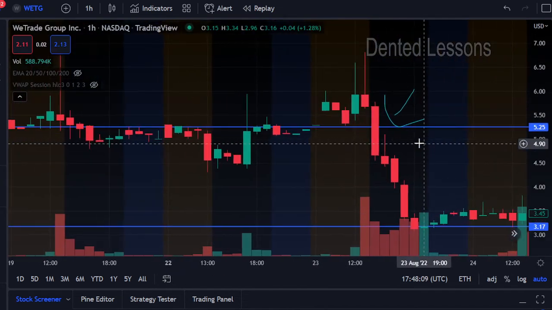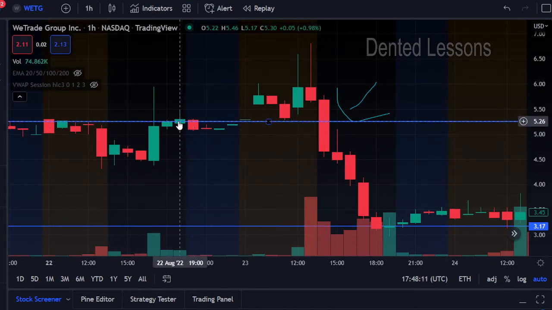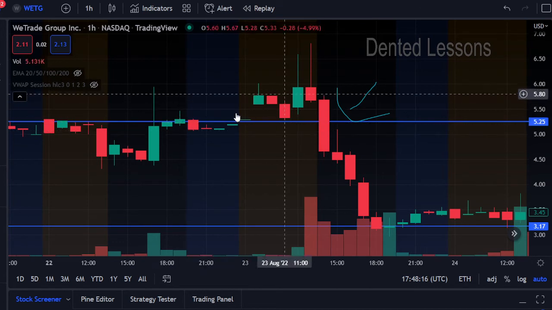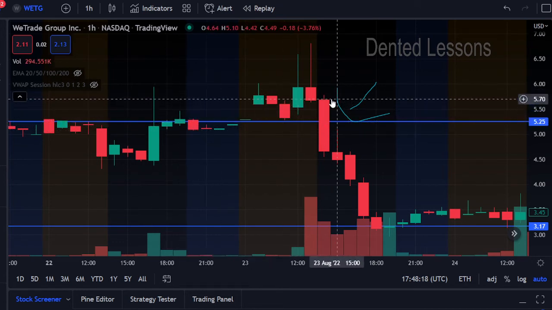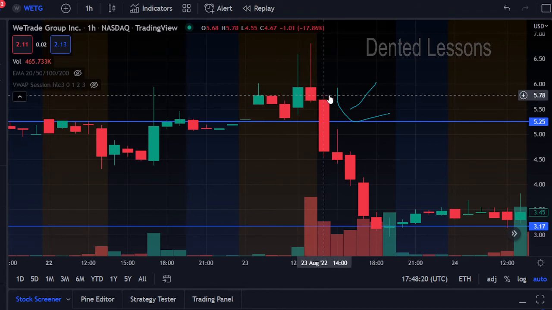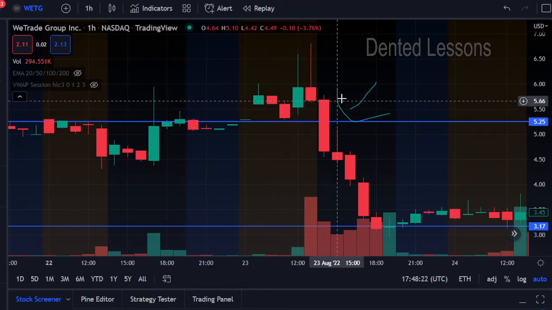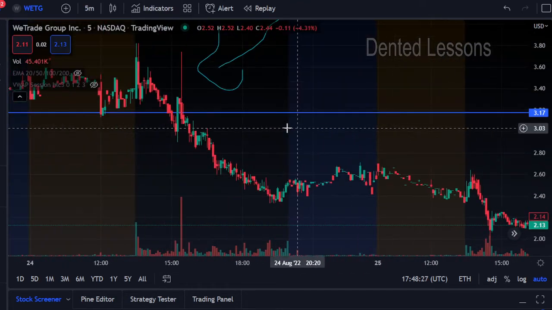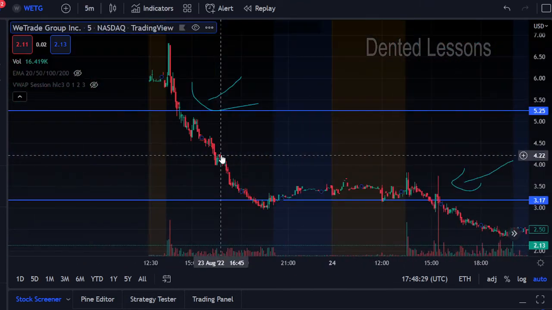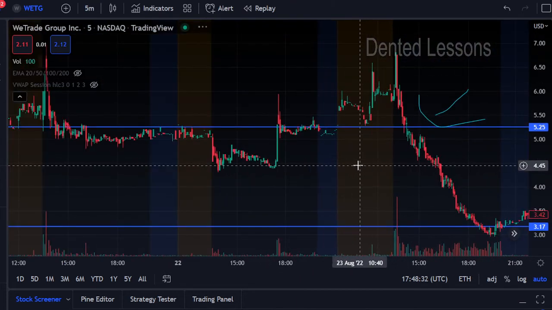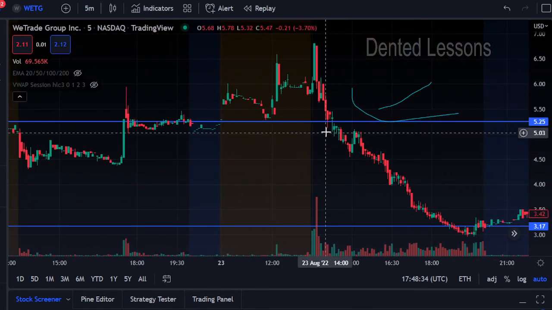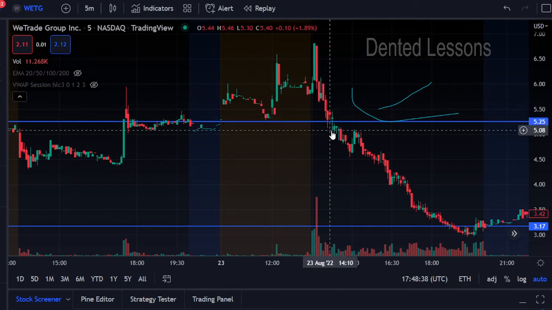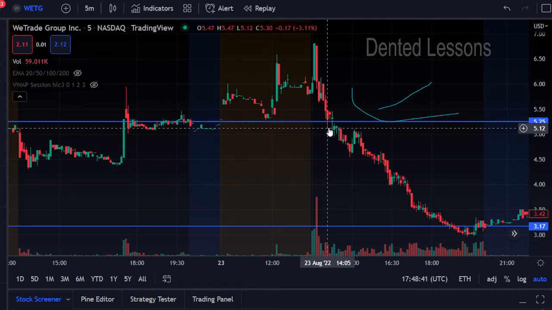I'll go one more here. So looking at this previous daily close, again, you had this gap up here. This one was pretty quick. You just had this gap up, failure to go any higher from the previous daily close. See if we can get in a bit closer so I can show exactly what happened here. And you can see you had this first attempt where there's this wick here of it trying to hold the price above.